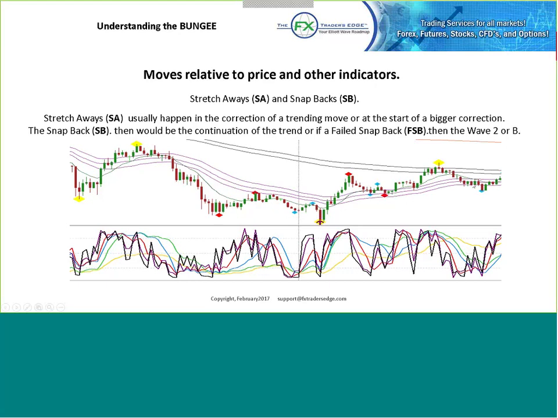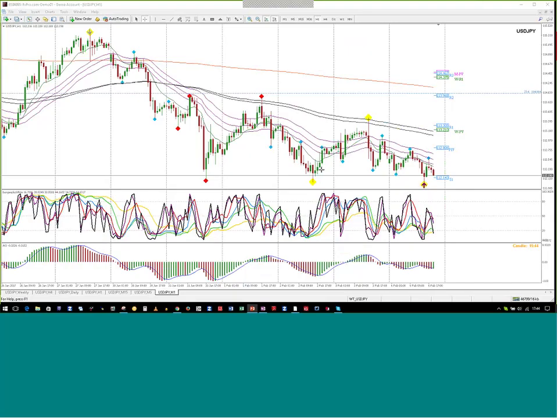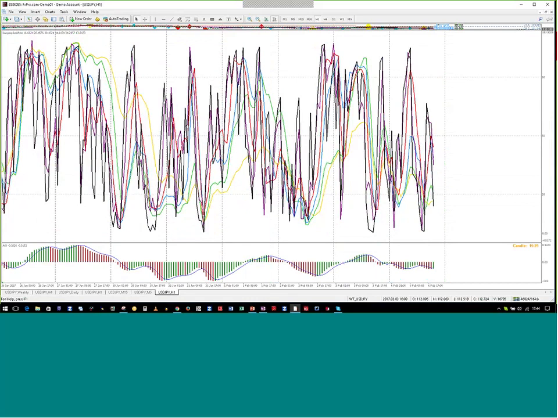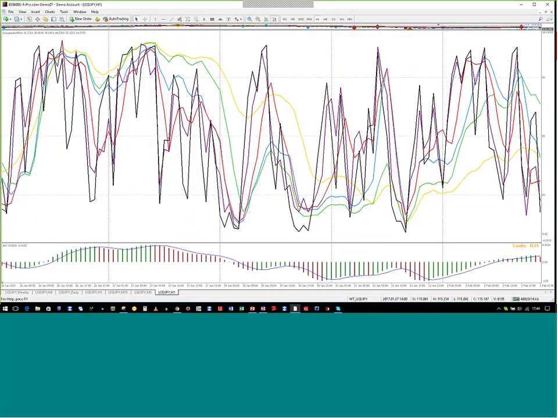So let me very quickly show you a live chart. If I turn off the scrolling so that we can move back on this chart, and I get rid of price action altogether, perhaps I need to zoom in a bit.